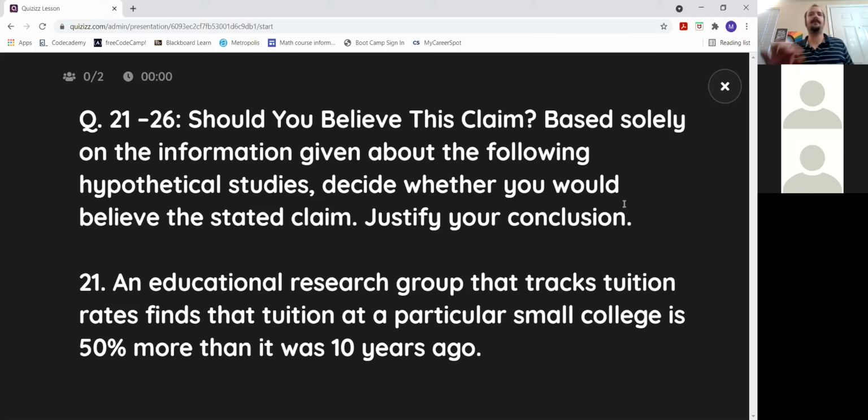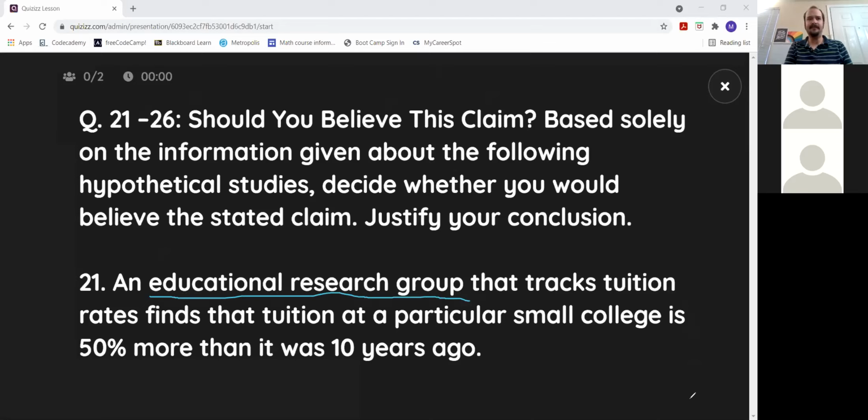So can you find anything wrong with this one? What about an educational research group? Would they be a reliable group to depend upon?